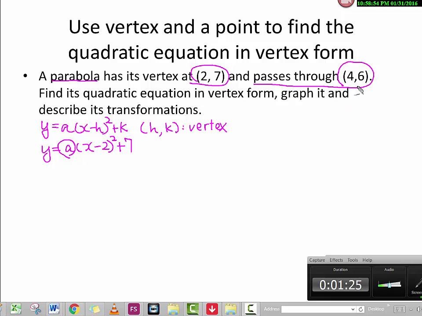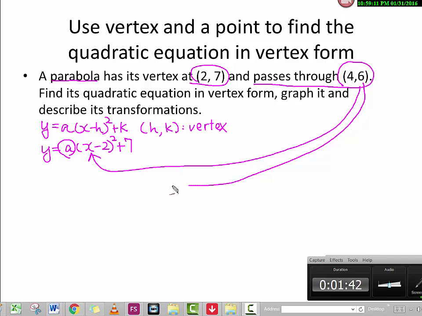Since they give you this point which the graph passes through, that means if you plug it back into this equation, it will make this equation true. So all we need to do is plug in 4 for x and 6 for y. So here we have a new equation: 6 equal to a times 4 minus 2, because x equals 4, whole squared plus 7.